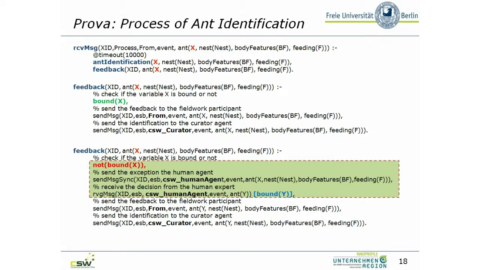The human agent here is also an agent, but it's implemented as a Java servlet, and it has a user interface, so domain experts can check the exceptions and make decisions at runtime, and then send their decisions back to this agent. After receiving the domain expert's decision here, it sends the decisions to the fieldwork participant agent and curator agent respectively.